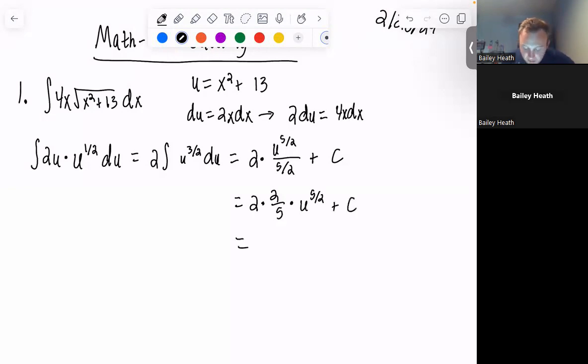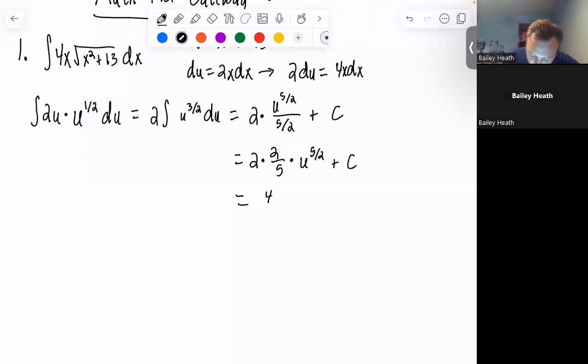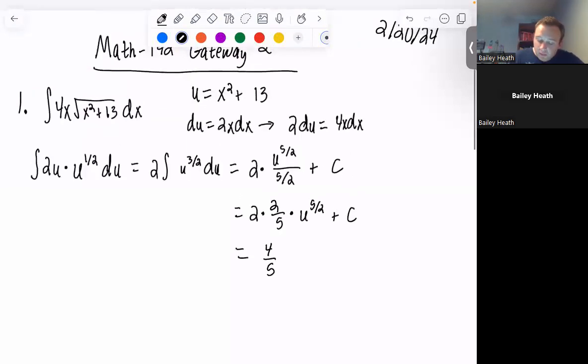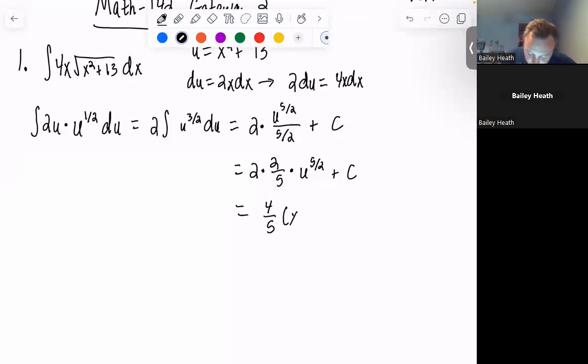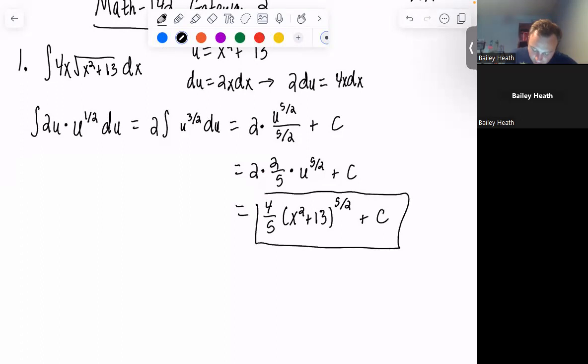So 2 times 2/5 gives me 4/5. And then we have to undo the substitution because the problem started with x's. We're also going to need to give our answer in terms of x. So I'm just going to replace this u with this x squared plus 13. So 4/5 times x squared plus 13 to the 5/2 plus c. There we go.